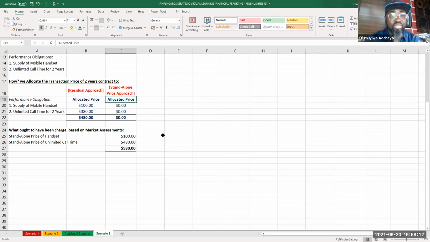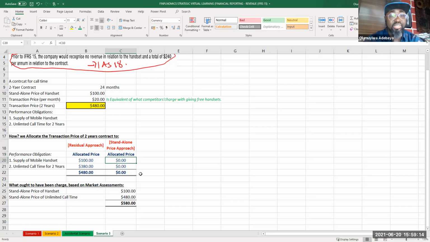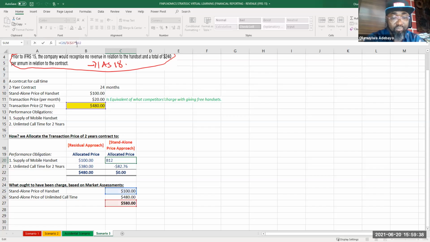Okay, now what do I do? If this is it, I can now use it as a proportion: this divided by 580, multiplied by 480 that we have more or less taken as a whole, and that will give me 826. The same thing I would do for the unlimited call time.